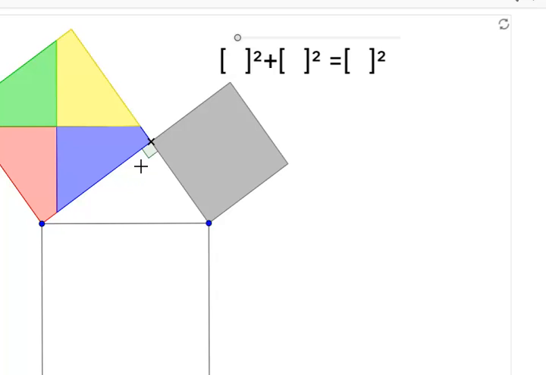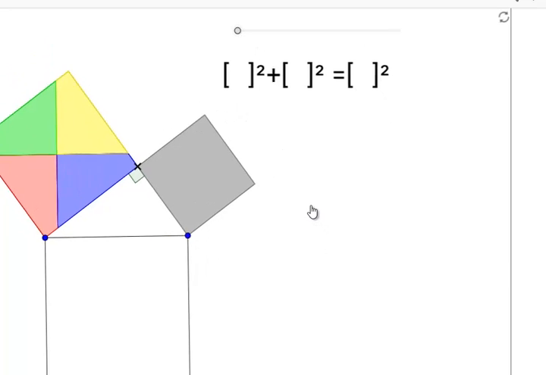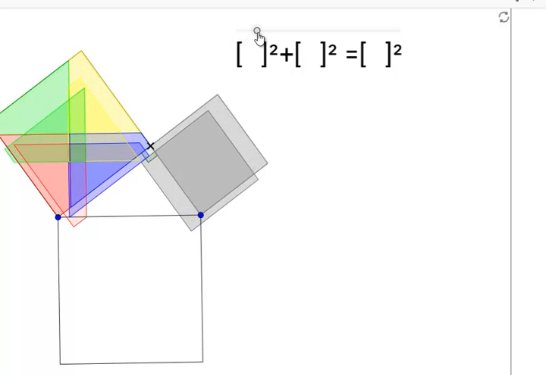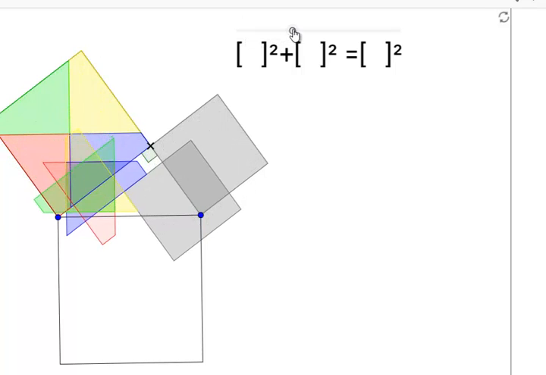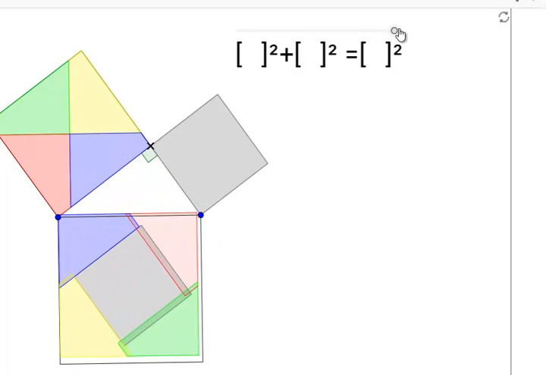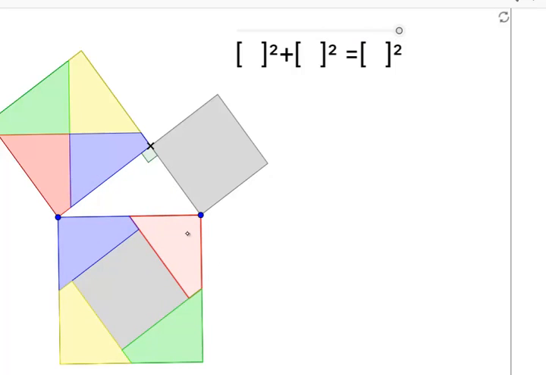Here I've got this right triangle, if you guys can see it. Watch what happens when I take the area of the gray and the area of this other one. There's the area of my two legs, and if I move them, they have the same area as the hypotenuse.